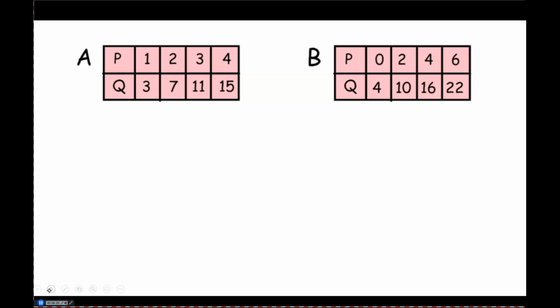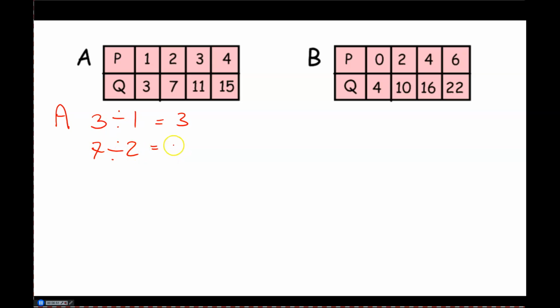So hopefully you've had a go and worked through these. Now if we look at A to start with, let's see if they're in proportion. If I do 3 divided by 1, well, 3 divided by 1 is 3. Then let's do 7 divided by 2, because if they're in proportion, they'd all have the same multiplier.